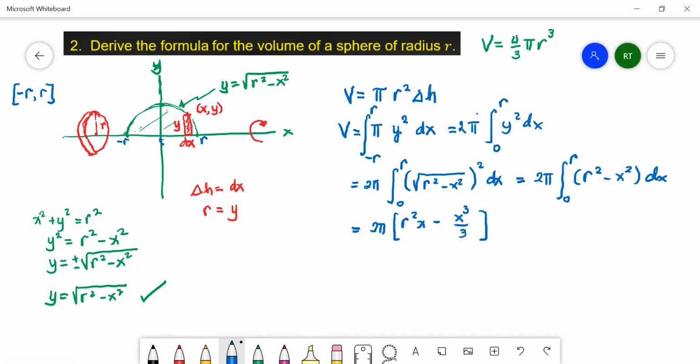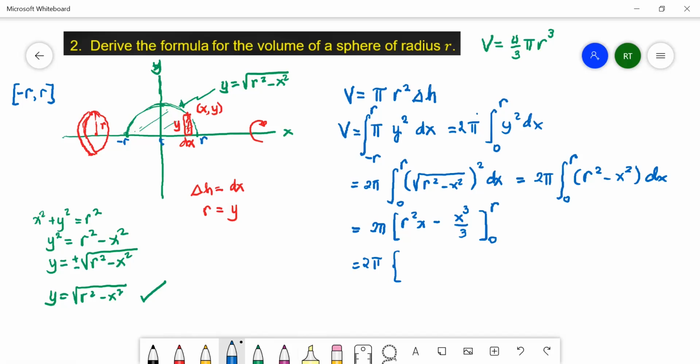And we need to evaluate this from the lower limit 0 to the upper limit r. Hence, this gives us 2 times pi times, let us evaluate the indefinite integral r squared x minus x cubed over 3 at the upper limit r.